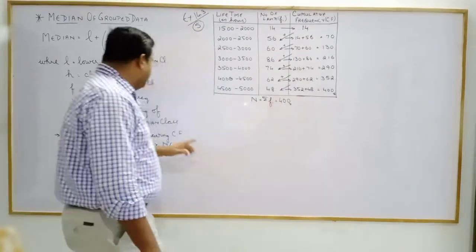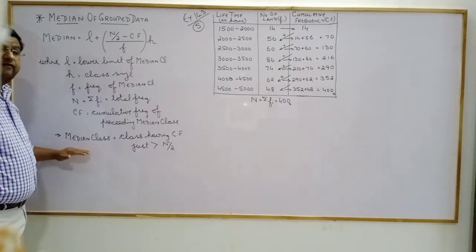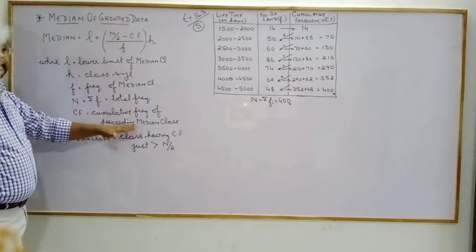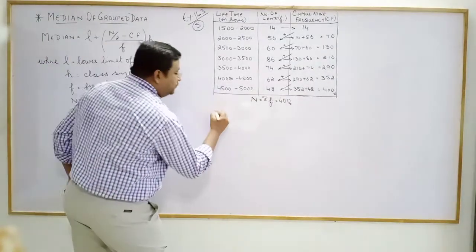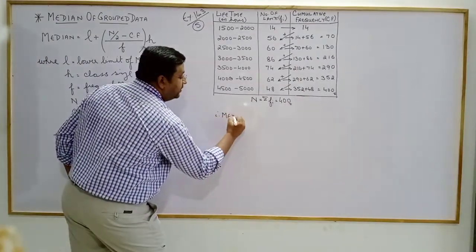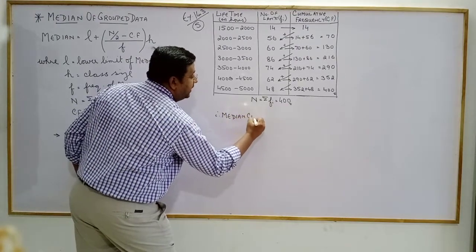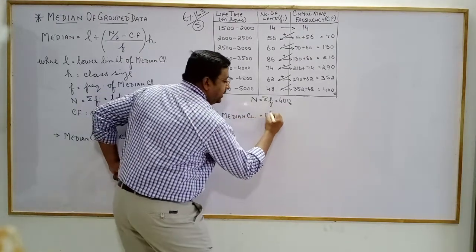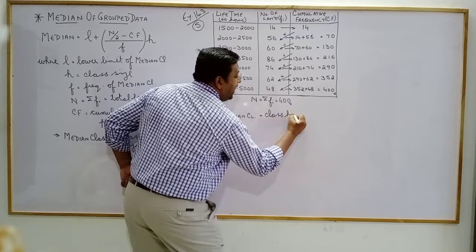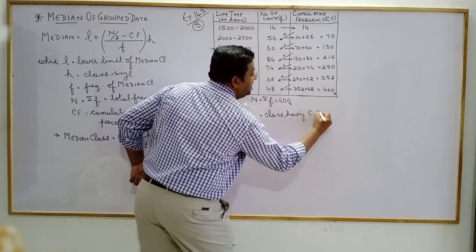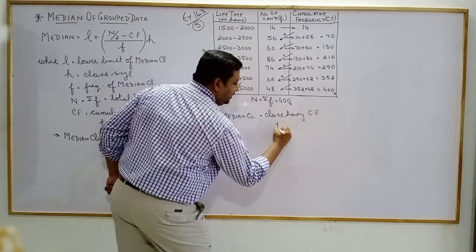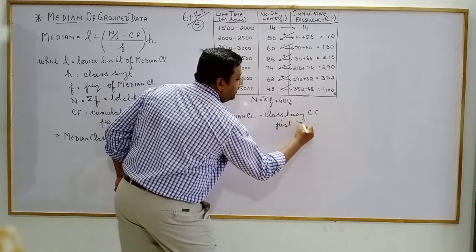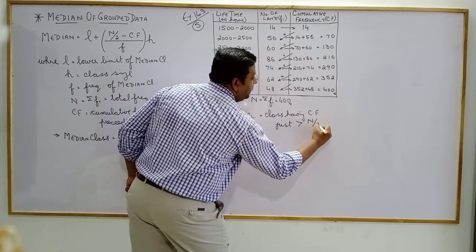Now we come down to median class. Sir, why? Everything depends on the median class. So our first objective is to find median class. Median class is equal to the class having CF just greater than n by 2.